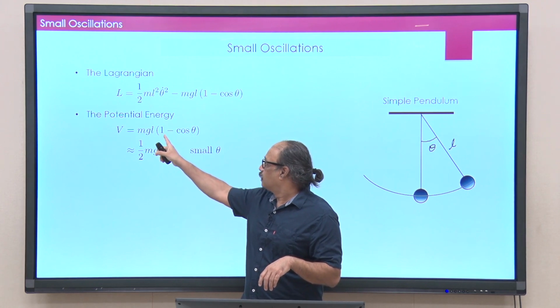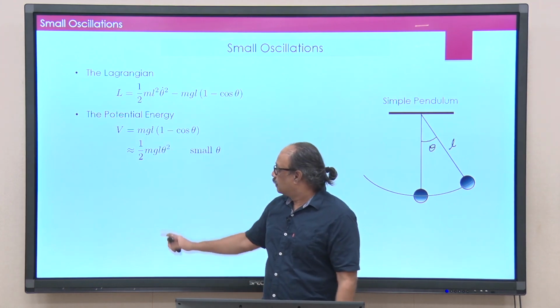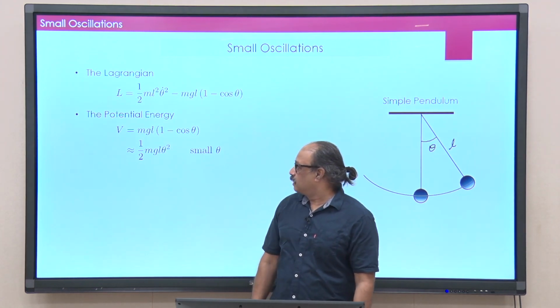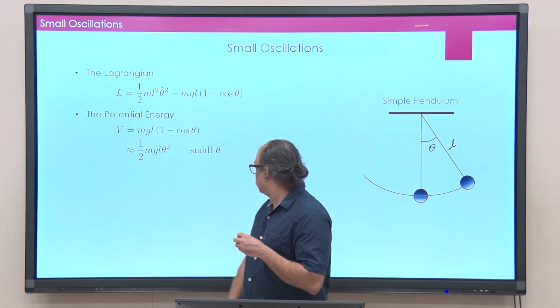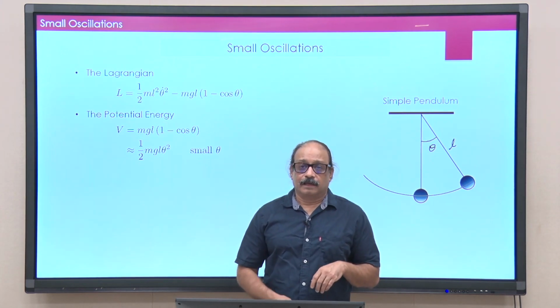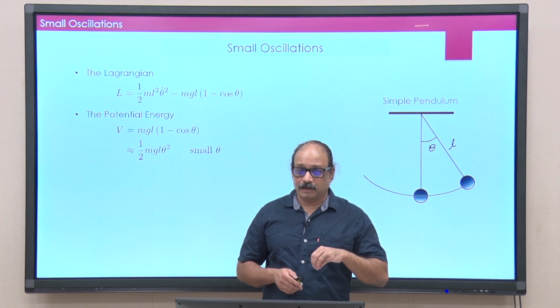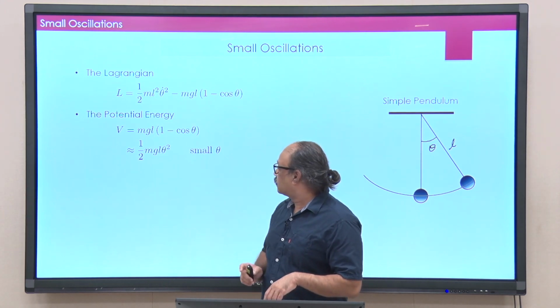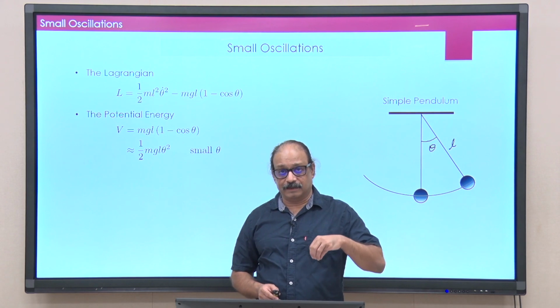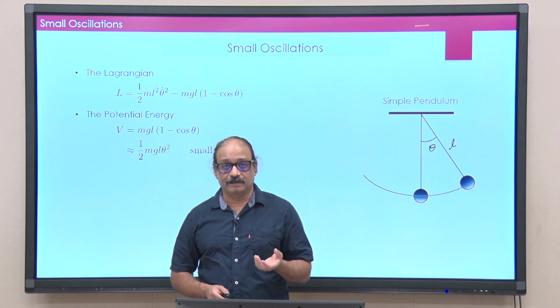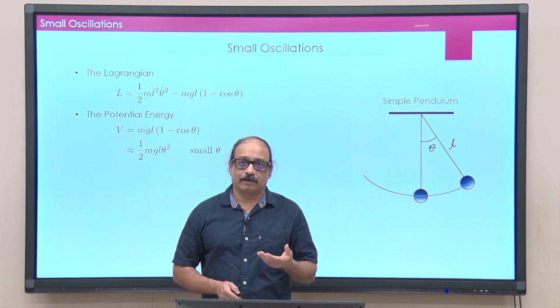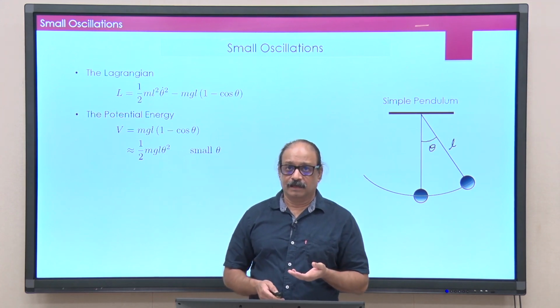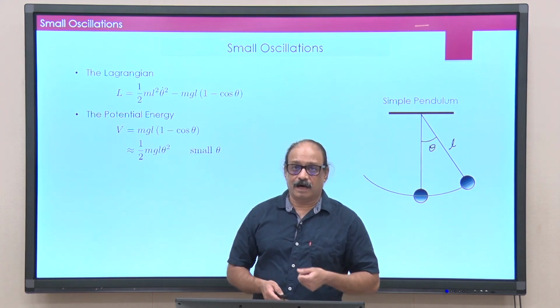So, that 1 would cancel with this, and you get just half mgl theta square, that is for small theta. Now, if theta is small, then the potential looks like theta square, and you understand that this Lagrangian is exactly identical to the Lagrangian of a harmonic oscillator, and then the solutions are harmonic.